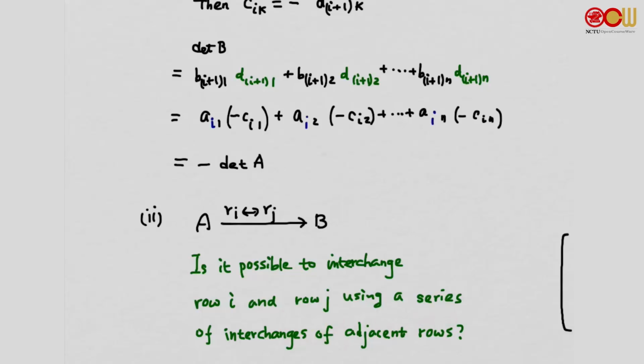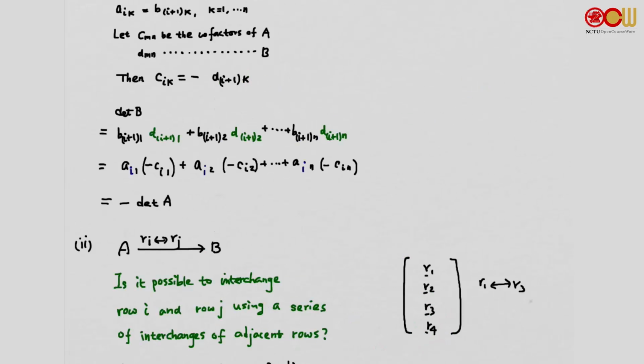That means, is it possible to interchange row i and row j by using interchanges of adjacent rows several times? As an example, let's look at this matrix. It has 4 rows, R1, R2, R3, R4. And suppose we want to interchange R1 and R3. What can we do?